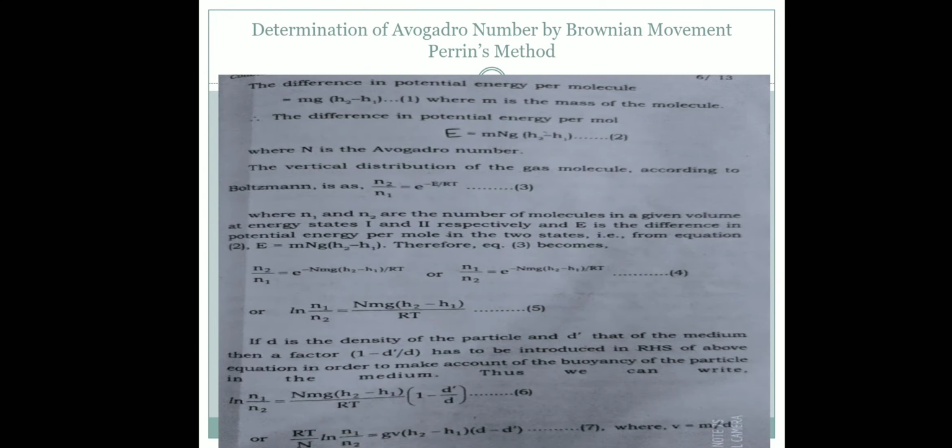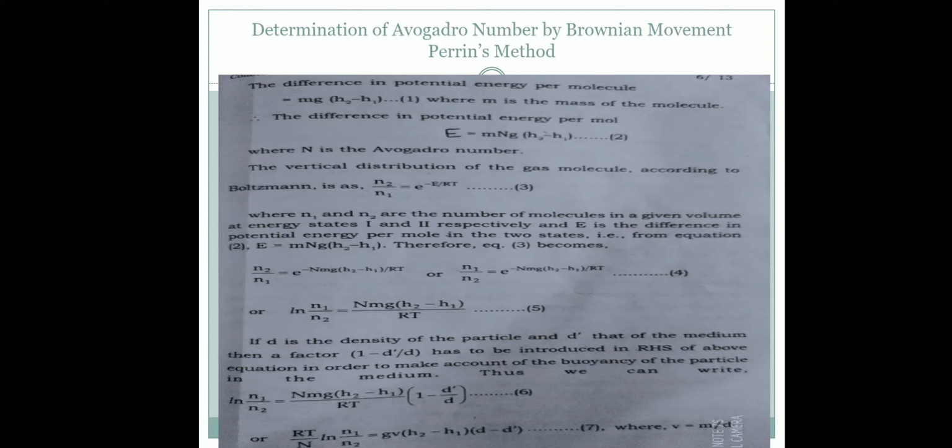Determination of Avogadro number by Brownian movement, Perrin's method. According to Perrin, the particles in a colloidal system behave just like gas molecules. When we consider the gas molecules enclosed in a cylinder, they are distributed randomly and consequently there will be more molecules at the lower position than at the higher position.